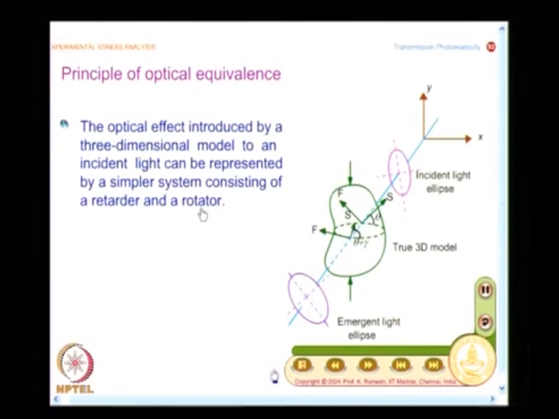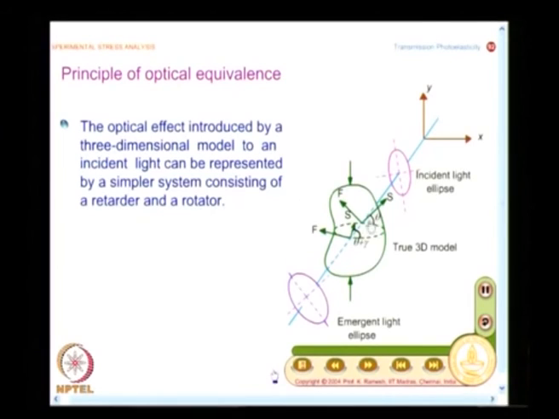We have already seen when discussing a half wave plate that it in fact rotates the incident plane polarized light by an angle. So, it is possible to conceive a generic concept of a rotator which will rotate any light ellipse to any angle of your choice.